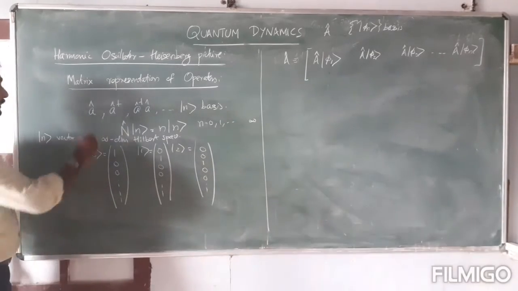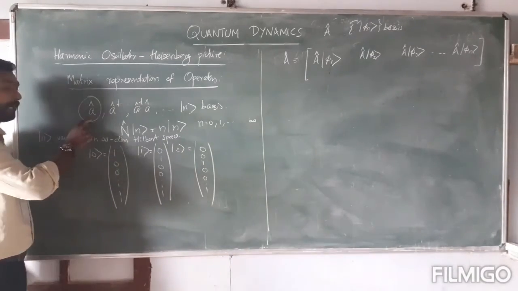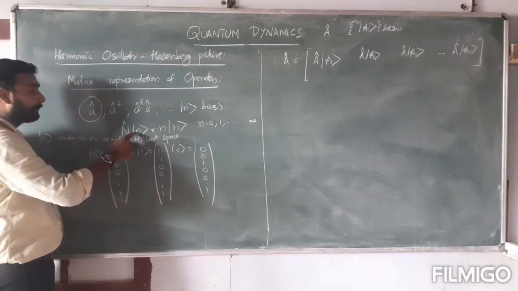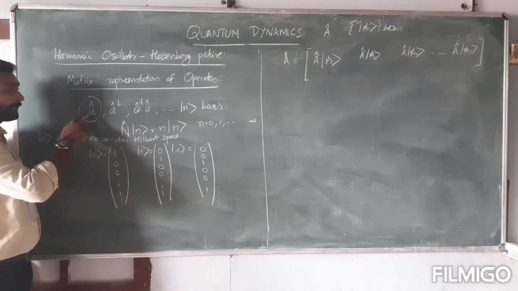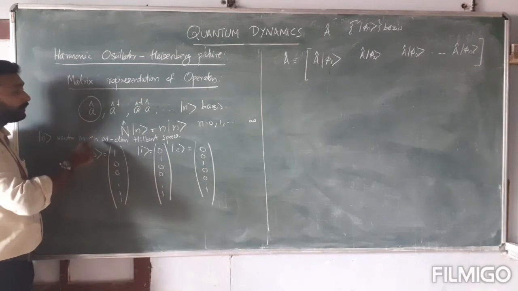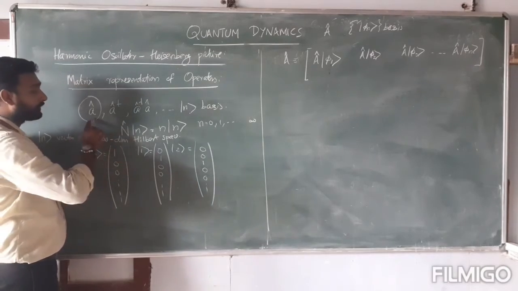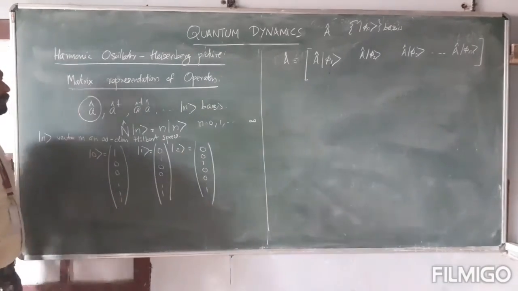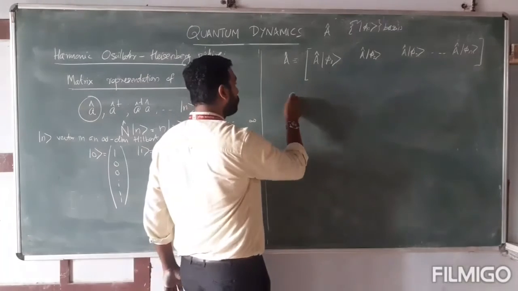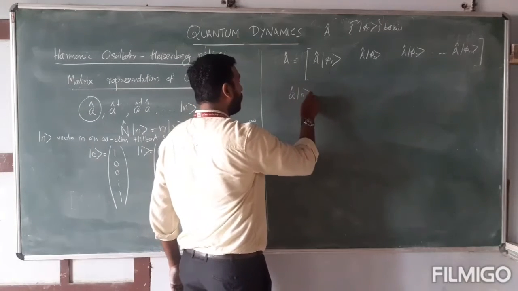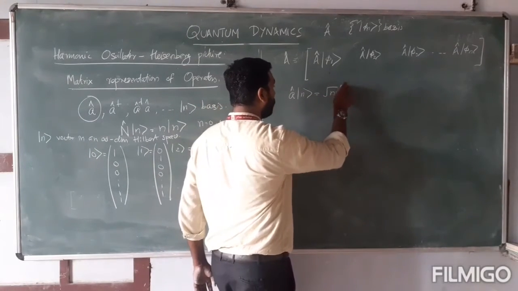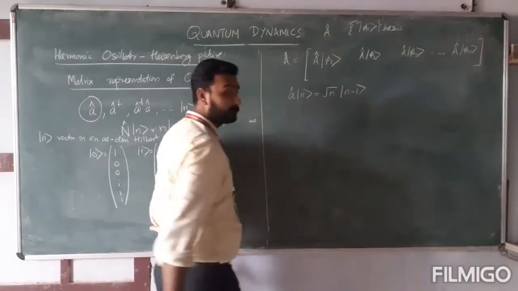Okay. So in order to represent the annihilation operator in the basis n, you should know what is the action of A acting on ket 0, what is the action of A acting on ket 1, what is the action acting on ket 2, etc. Okay, so you can recall the action of A acting on n is simply root n times ket n minus 1.